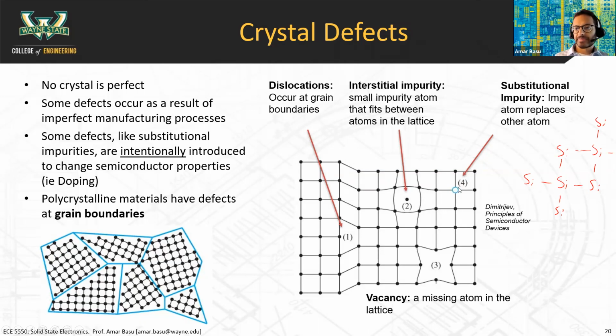The last one, last but not least, is a substitutional impurity. Now, this type of impurity is where a dopant atom replaces another atom. So if I were to, let's say, delete this silicon atom, and replace this with, let's say, phosphorus.